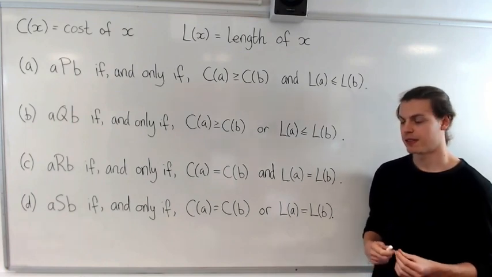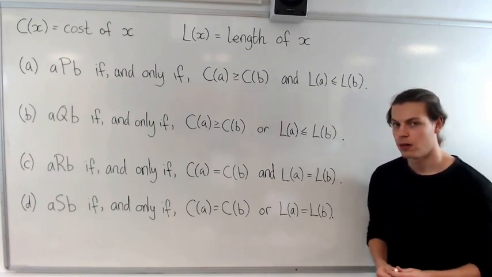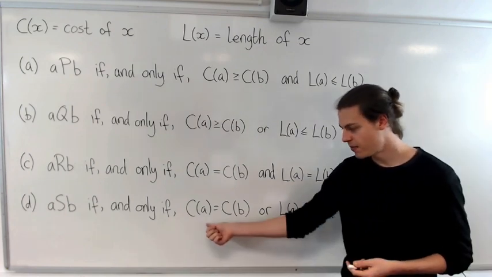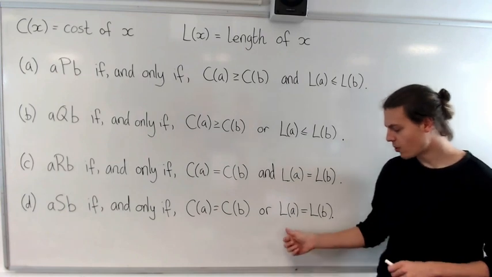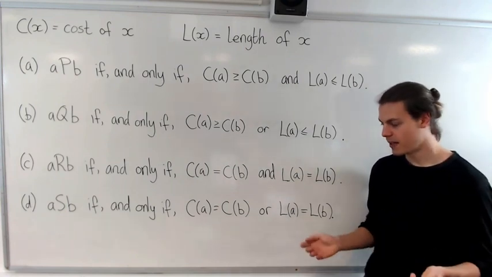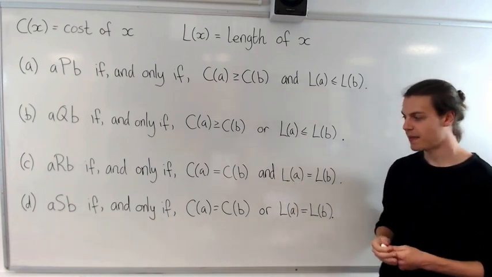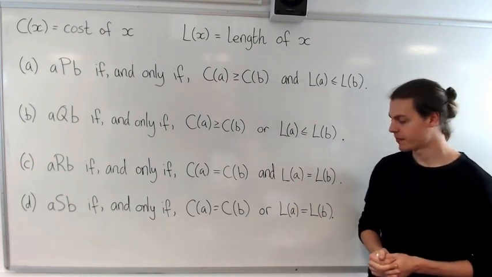Is this relation symmetric? Well, if A is related to B, then either A and B cost the same, or they have the same number of pages. In either case, B is then related to A. So yeah, this is symmetric.